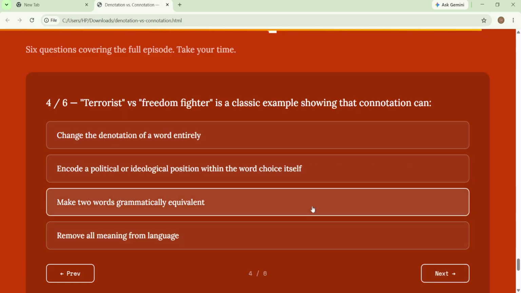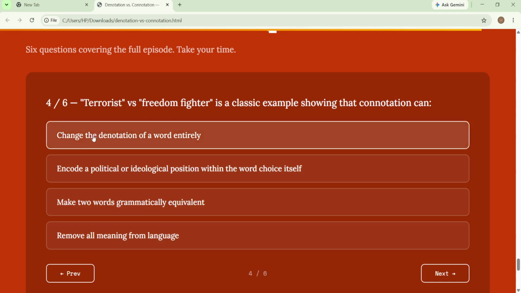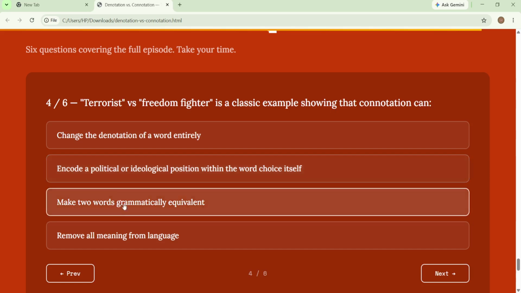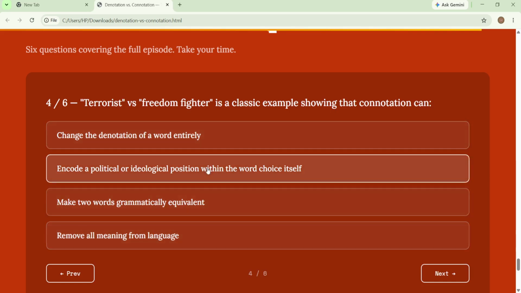Let's move on to the fourth one, which is terrorist versus freedom fighter, a classic example showing that connotation can change the denotation of the word entirely, encode a political or ideological position within the word choice itself, make two words grammatically equivalent, or remove all meaning. Well, these are out of the box, so it's between these two.